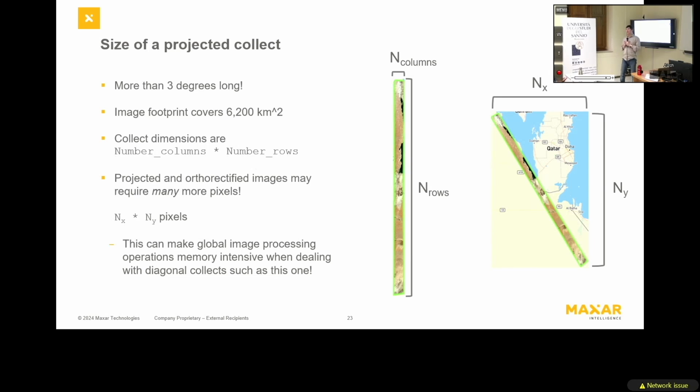Yes, that will work for a specific application. If I ask you, for example, to calculate the median of that image, not the mean, the median. Well, what I'm trying to say is that you really need to think about what you're trying to do.